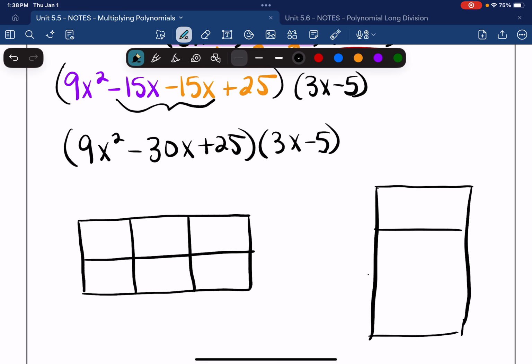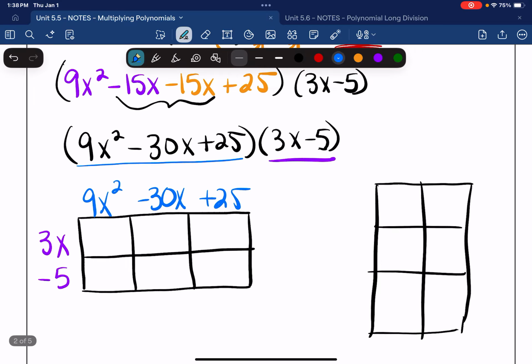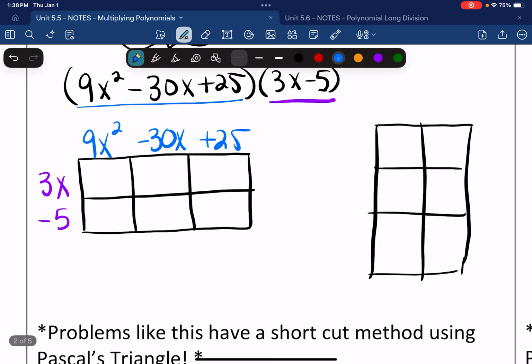You could have gone 3 this way, 2 that way, whatever you want. All right, so I'm going to put the 3x minus 5 along the left edge. And then I'll put, let's do blue, this trinomial, 9x squared minus 30x plus 25 across the top. I usually like to work horizontally for these.